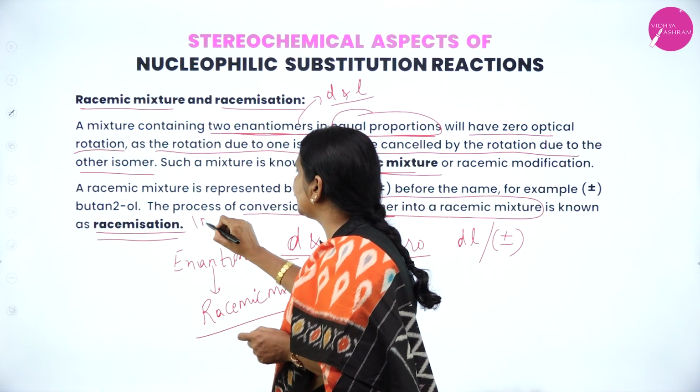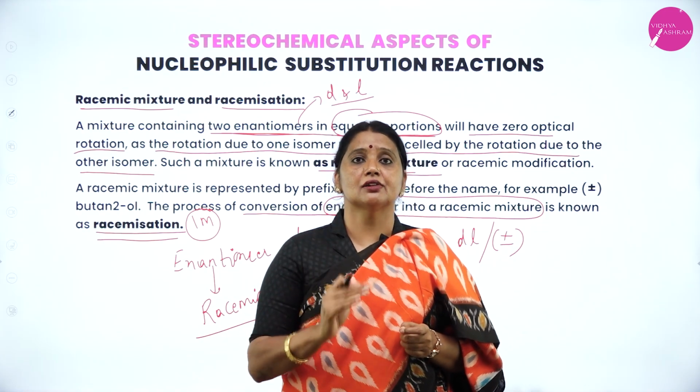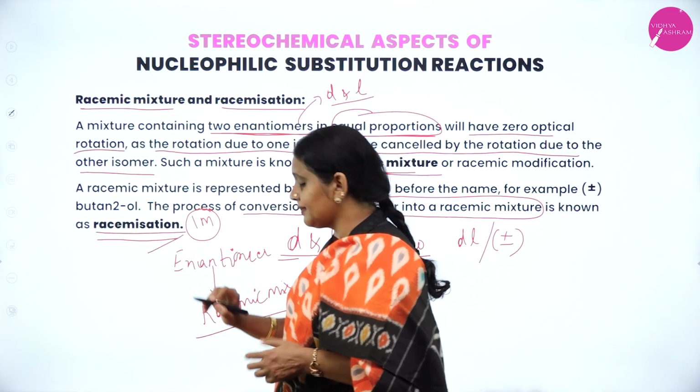So, 1 mark, very important question: what is racemization? Conversion of an enantiomer to a racemic mixture is called racemization.